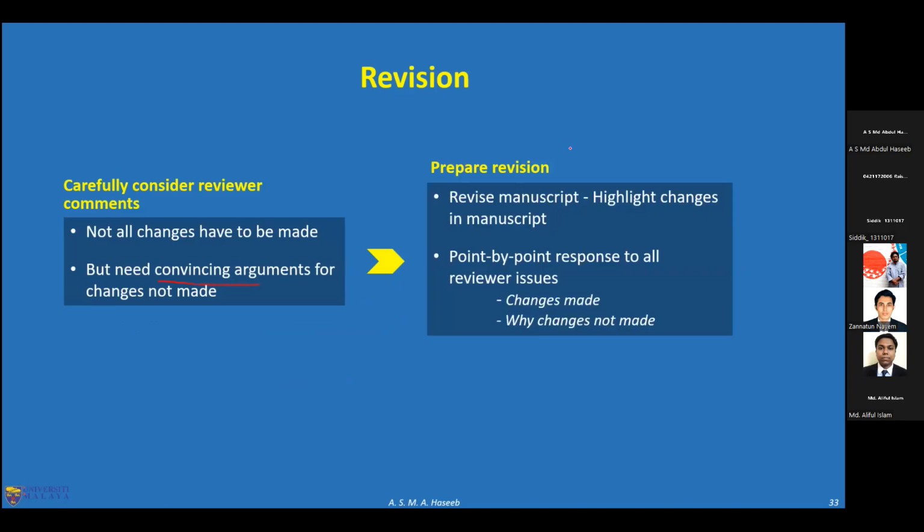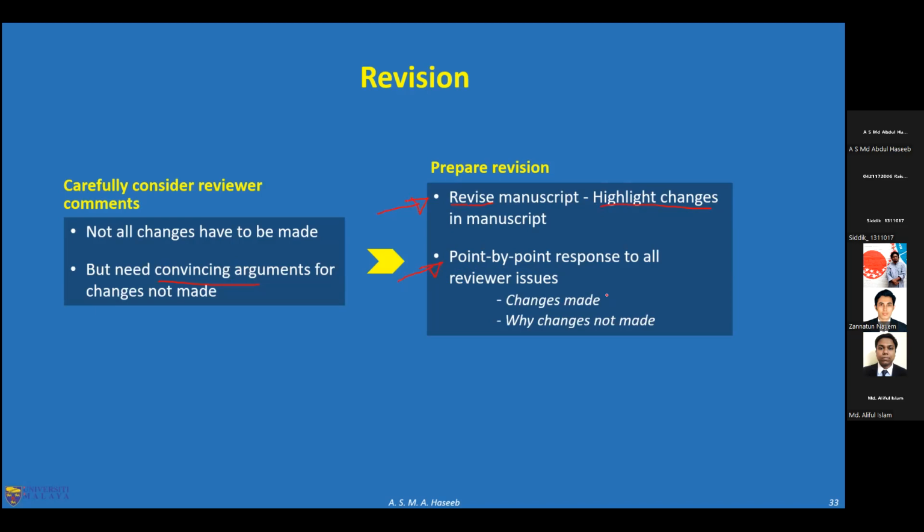When you prepare the revision, these are the two important things that you have to prepare. First of all, you have to prepare the revised manuscript, and in that manuscript, you highlight the changes that you made with color, yellow color probably. And then you have to prepare another document where you give a point-by-point response to the comments of all reviewers.